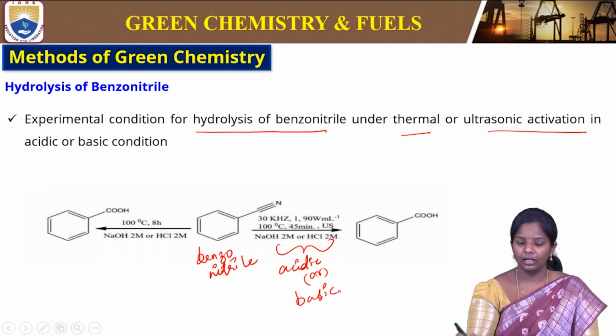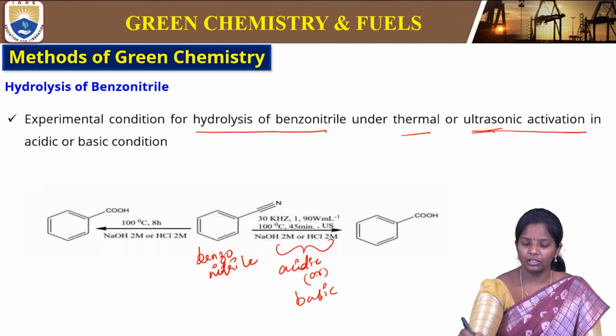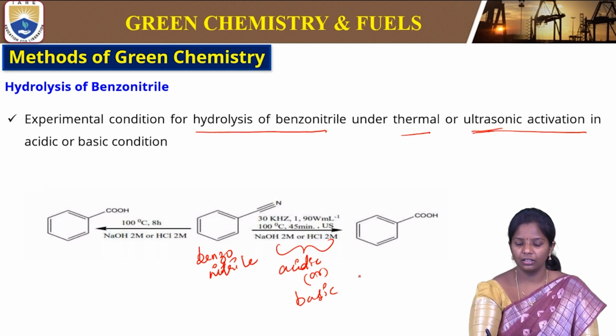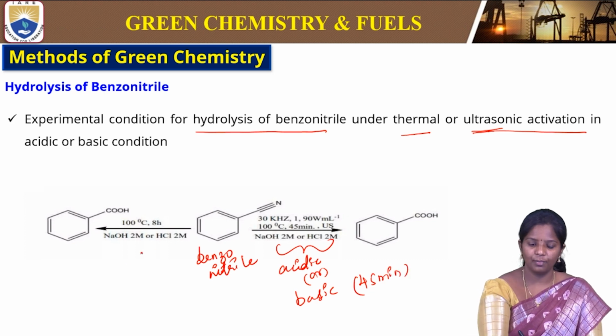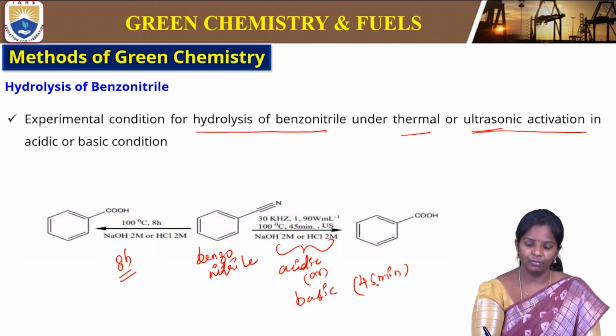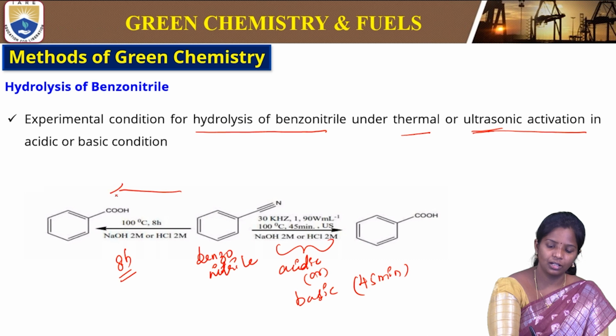Under ultrasonic conditions, it will occur in just 45 minutes. So this is the best example. Here it is taking 8 hours, but here it is happening in only 45 minutes. This is the conventional method.